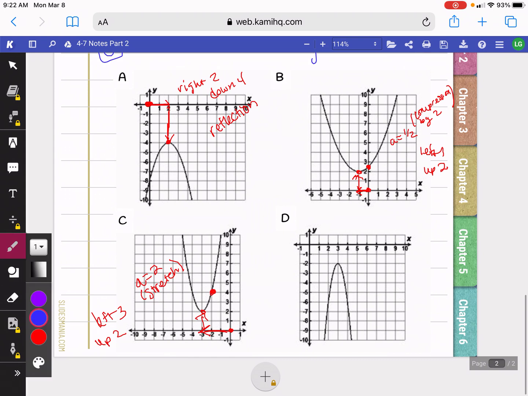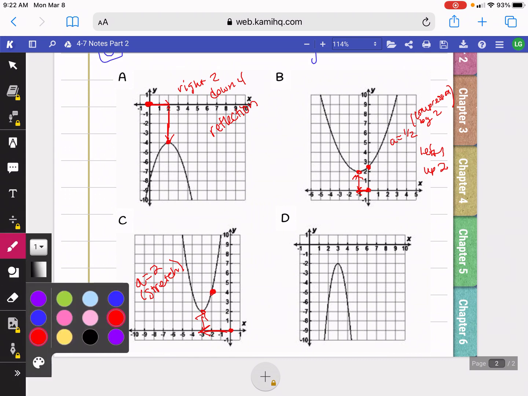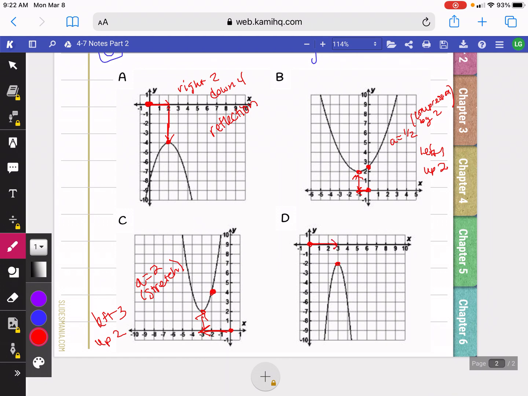Let's look at the last graph, graph D. So if I concentrate on my vertex here, it's moving right 3. It moves down 2. Then if we look at our A value, when this one goes to the right 1 unit, it's actually gone down 4.